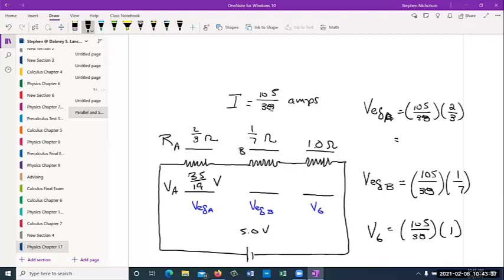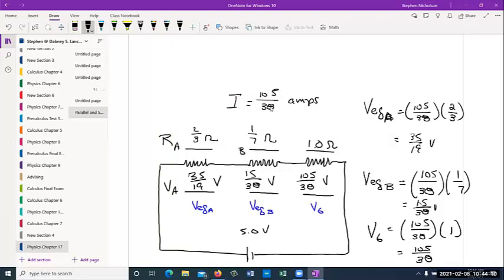This one is 15 over 38 volts. And then this final one is 105 over 38 volts, because you've got 1 times 105 over 38.